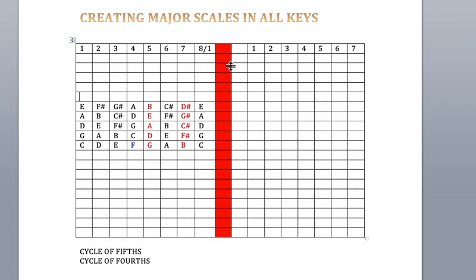So B is our next. We pick all the notes in there and then sharp the seventh.